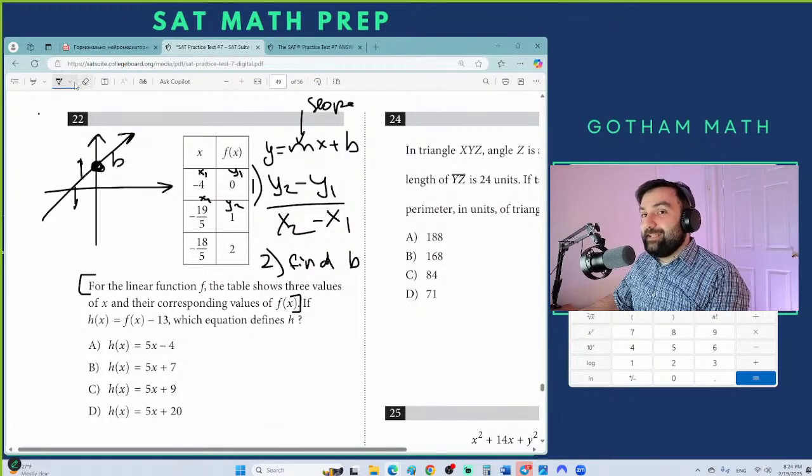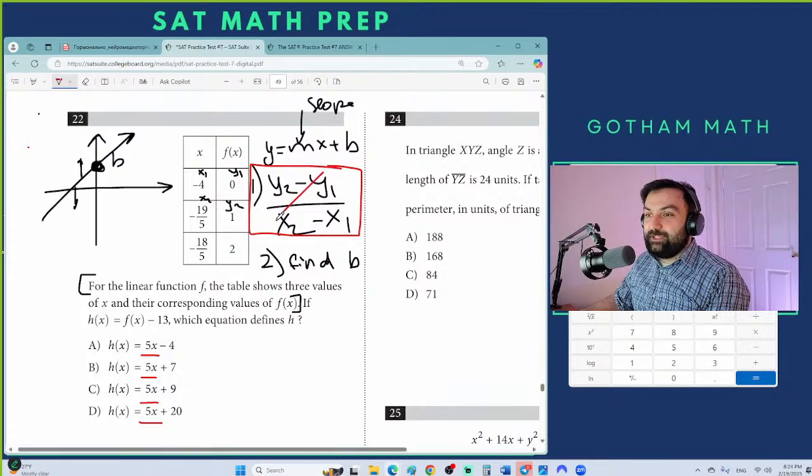But just like I said just now, the slope of the line, no matter how we shift it, up and down, left or right, won't change. So that means this step can be skipped because the line h will have the same slope, which is 5. So this can be fully skipped.